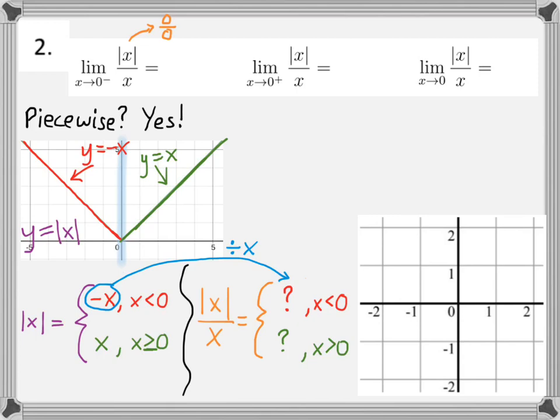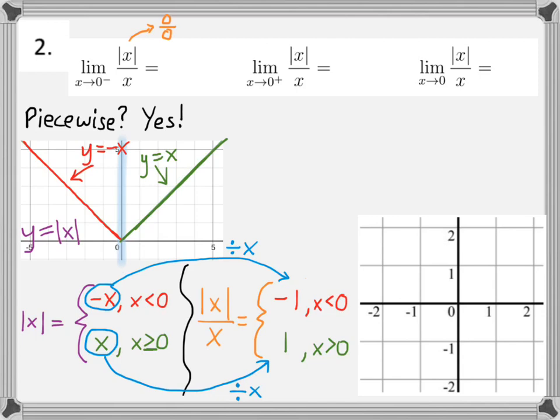So what would negative x divided by x be? Well, that would be negative 1, as long as x isn't 0, but just cancel out the x's, I'm left with negative 1. What about if I divide x by x? That would be positive 1. Okay? So now we have a piecewise definition of the absolute value function from this question.